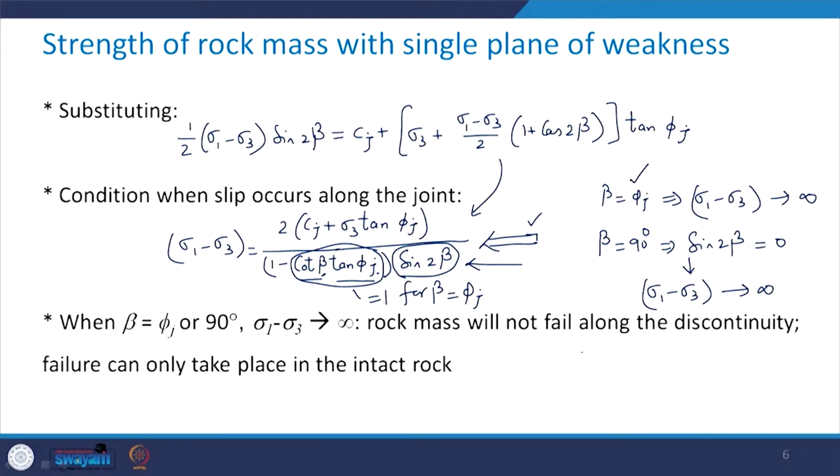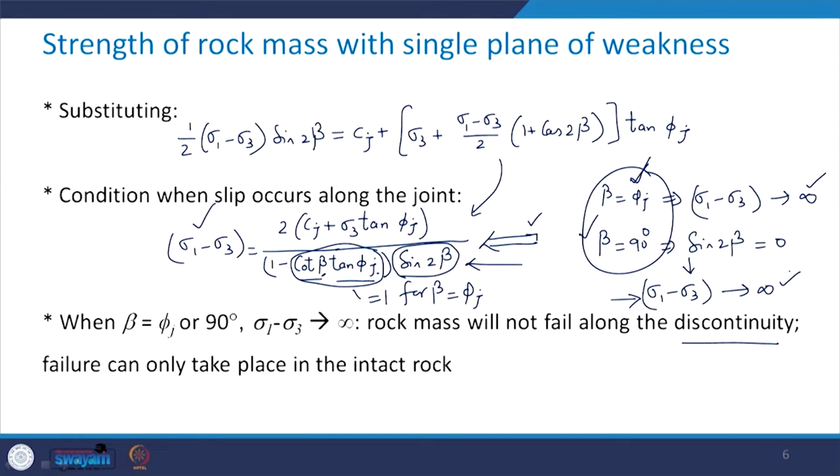Rock mass will not fail along the discontinuity either when beta equals phi j or beta equals 90 degrees, because in these two conditions the strength of the discontinuity, given by sigma 1 minus sigma 3, is tending to infinity.